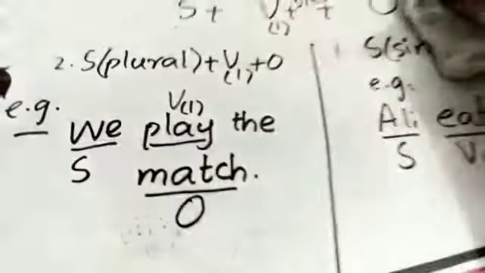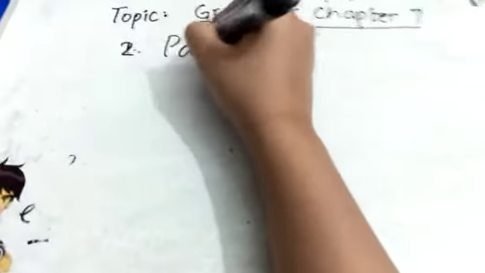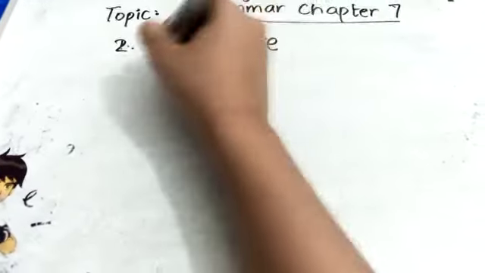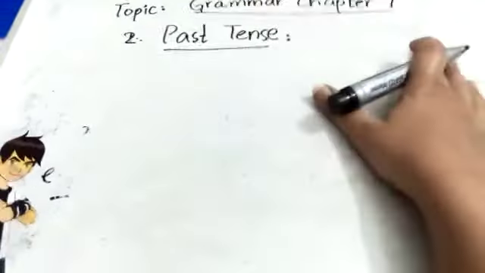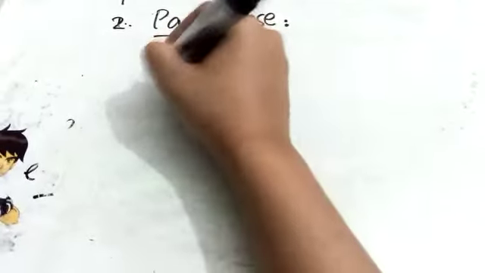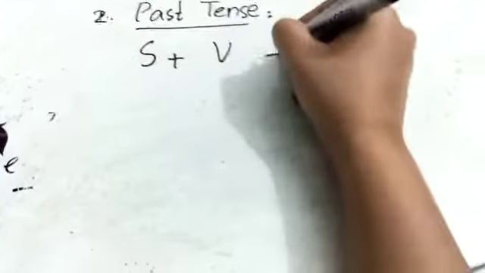Got it? And the second topic of this chapter is simple past tense. Now let me tell you what simple past tense is. The three components, subject, verb and object, will remain as they are.